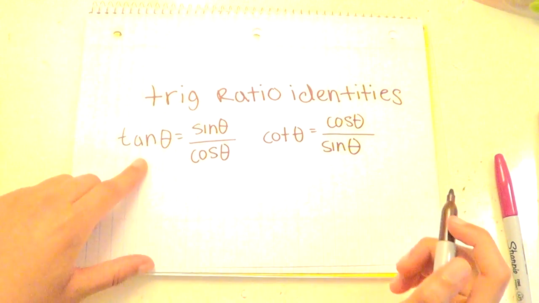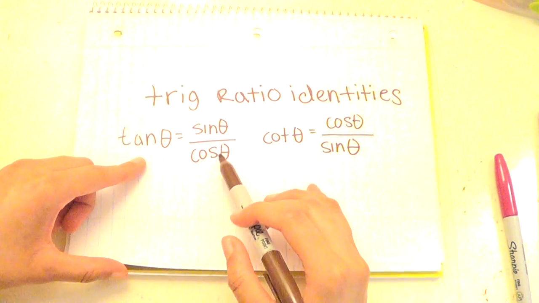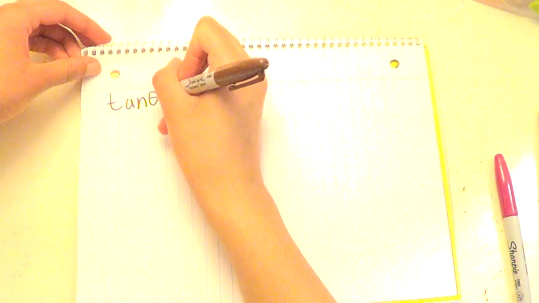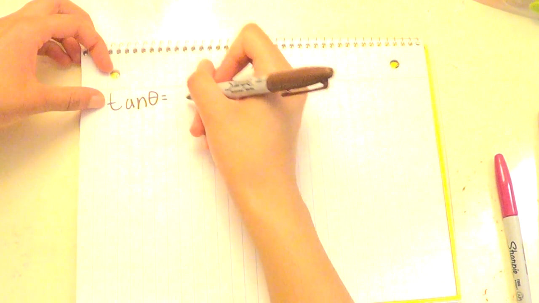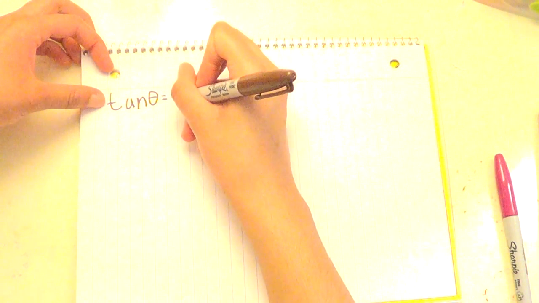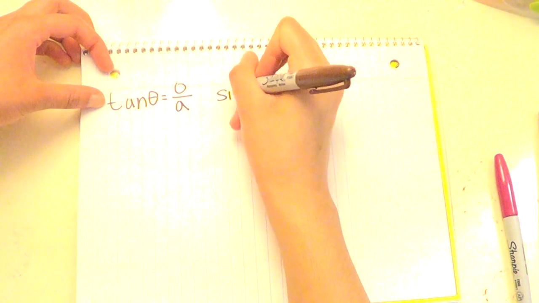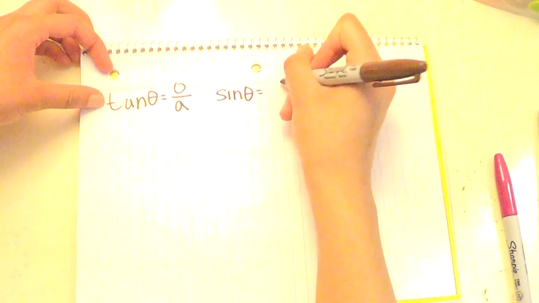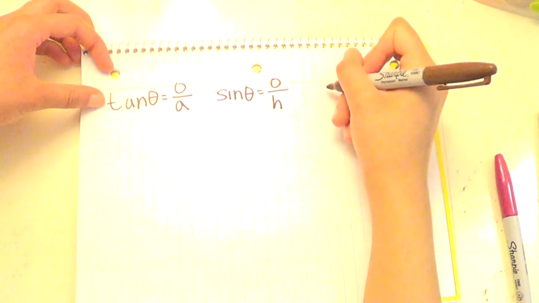So let's do the first one. Tangent theta equals sine theta divided by cosine theta. So I know tangent theta equals opposite over adjacent, and sine theta equals opposite over hypotenuse.